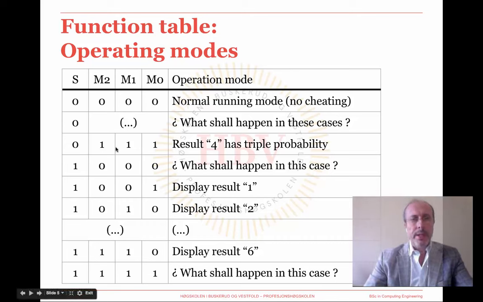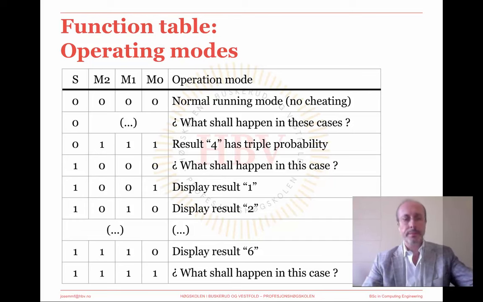In this table, I am also proposing that the all-one combination for the sheeting mode switches is used to define a sheeting mode where result 4 has triple probability. This can be ensured by going through a cycle where each result comes out only once, except for result 4, which comes out 3 times in each cycle.